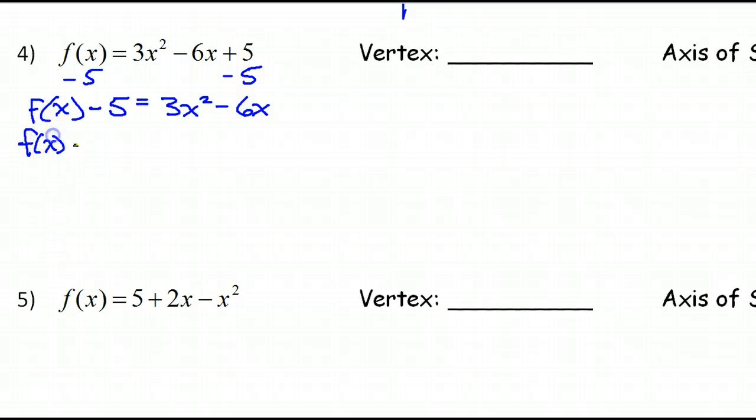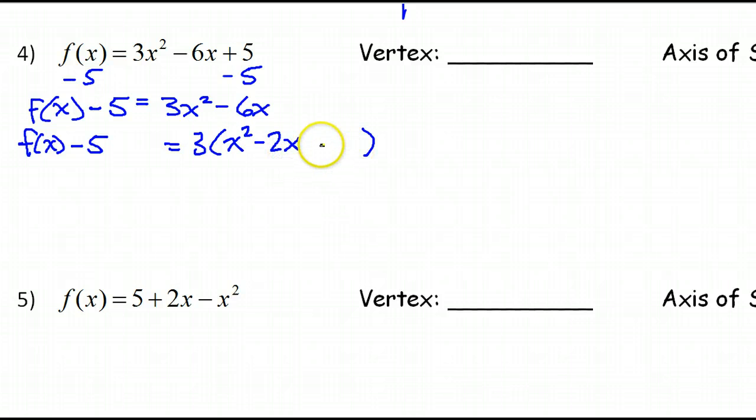So this will be f of x minus 5 equals. I am going to factor out the leading coefficient of 3. That will leave behind x squared minus 2x, and I'm leaving a space. The minus 2 came from negative 6 divided by 3.